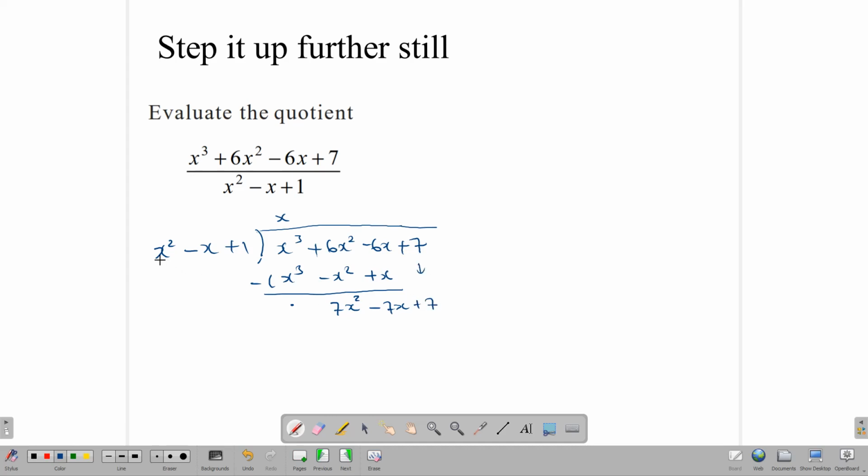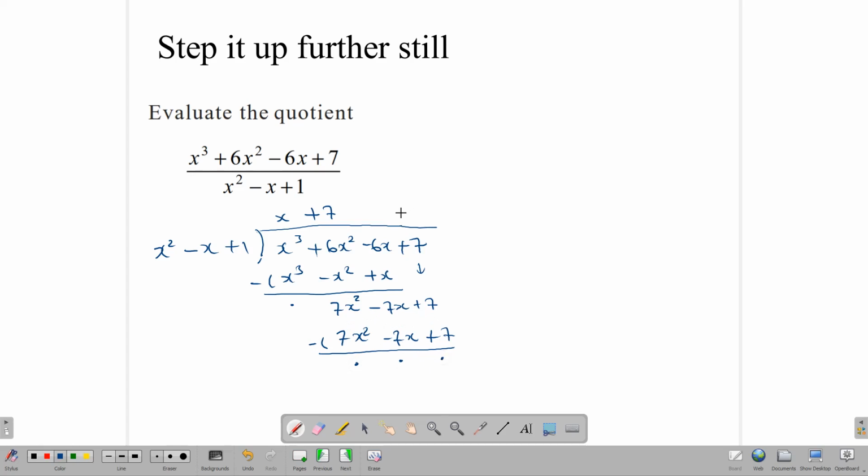So now we're going to divide again. x squared into 7x squared, of course, is just going to give us a plus 7. And here we're going to multiply. x squared times 7 gives us 7x squared. Negative x times 7 gives us a negative 7x, and 1 times 7 gives us 7. And as you realize, the two expressions here and here are identical. So once you subtract them, you're going to end up with 0, 0, and 0.